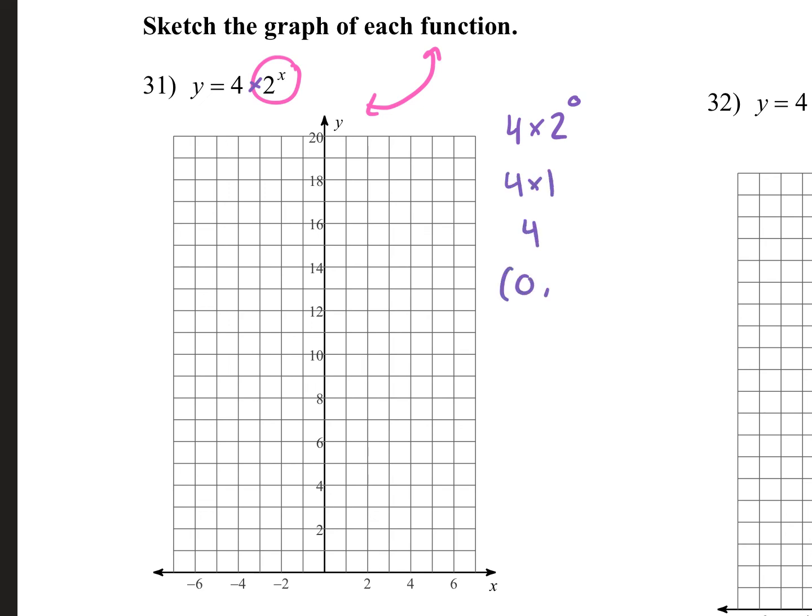So when I plugged in 0, I got 4. So I'm going to stay at 0, put a point on 4. So I just need to pick the graph that goes through the y-axis at this point. And it'll have exponential growth, so it'll look like that. So you don't really need to plug in 4 points here. Just plug in 1 and see what graph matches.